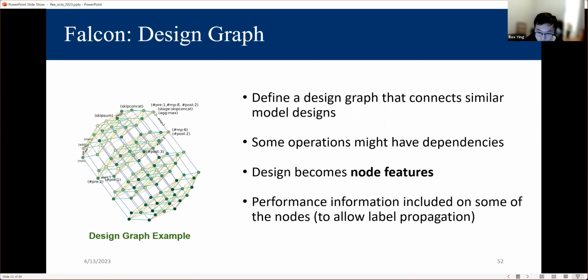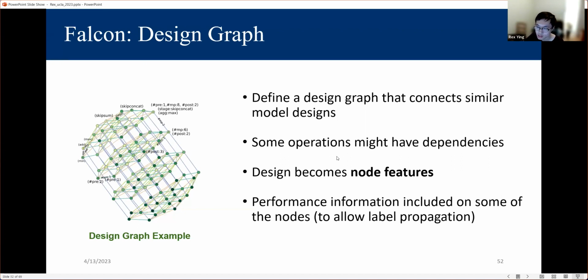For example, here I have these two architectures. The only difference between them is the number of layers. The number of message passing layers in architecture 1 is 8, and in architecture 2 is 6. So we connect an edge and add an edge feature corresponding to 2 message passing layers. We can add these edges that tell us about the relation between different architectures.